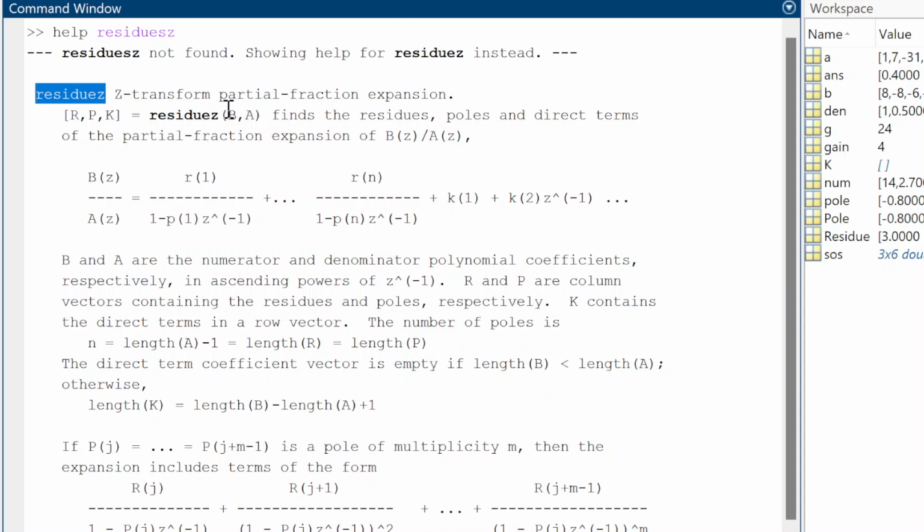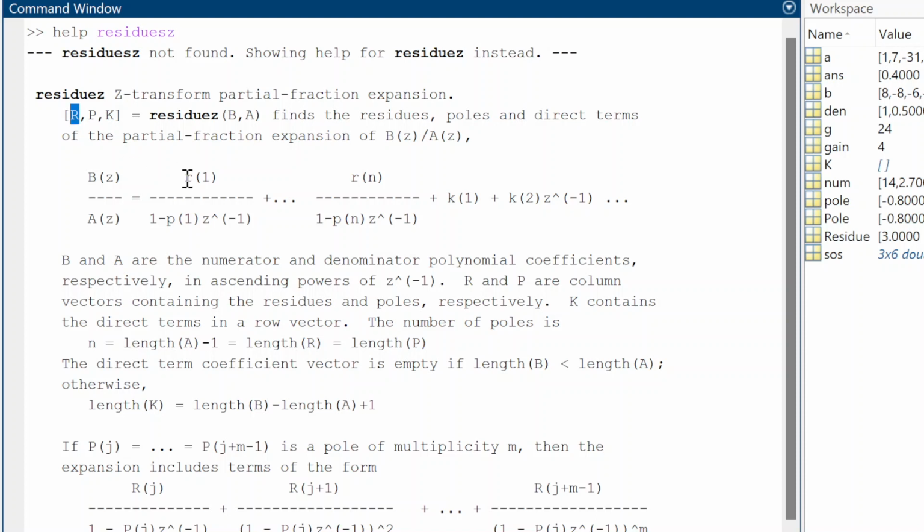What it needs as input is the coefficients of the numerator and the coefficients of the denominator of H(z) in the form of two row vectors, and if you use this function in this format, it will give you 3 outputs.